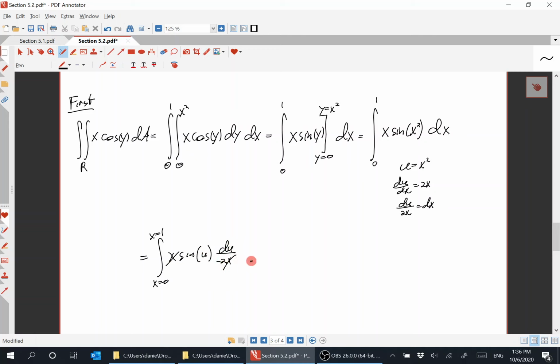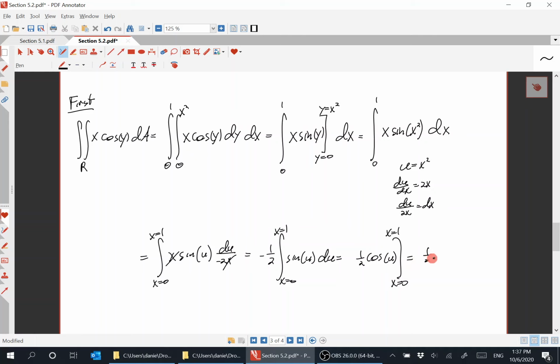This x cancels. So this is 1/2 the integral from x equals 0 to x equals 1 of sine u du. So the antiderivative is negative 1/2 cosine u. The negative goes away, 1/2 cosine u from x equals 0 to x equals 1.